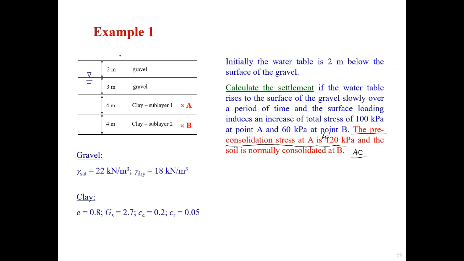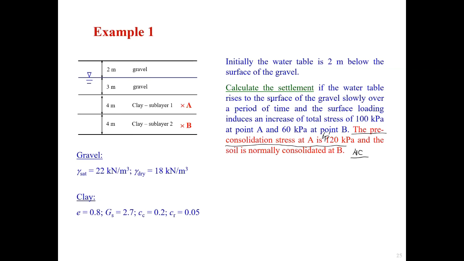If I look just briefly, we have a water table here, and you have 2 meters of gravel, and below it 3 meters of gravel, and then 4 meters of clay layer, and then another 4 meters of clay layer.